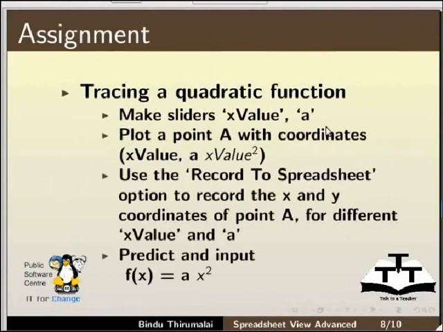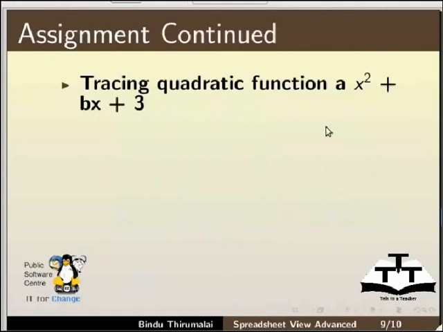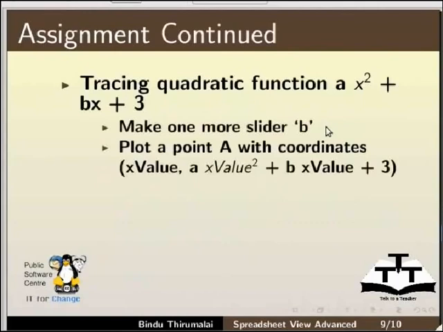Then predict and input the function f of x equals ax squared. To continue with the assignment, we will be tracing a quadratic function ax squared plus bx plus 3. We make another slider b, and plot a point A with coordinates x value, and ax value squared plus bx value plus 3 for the y coordinate.